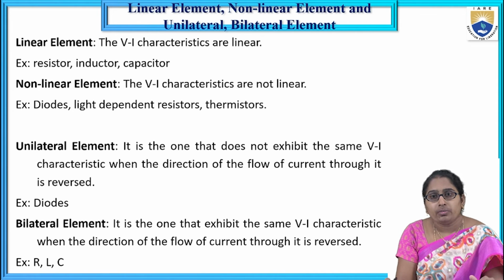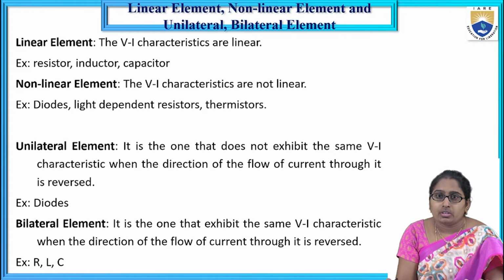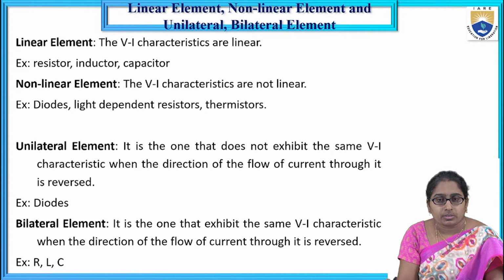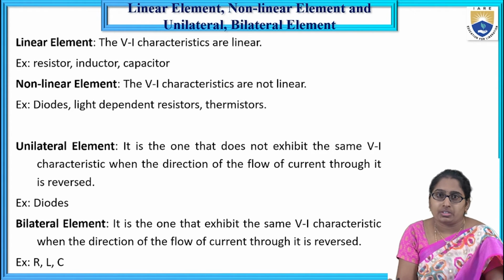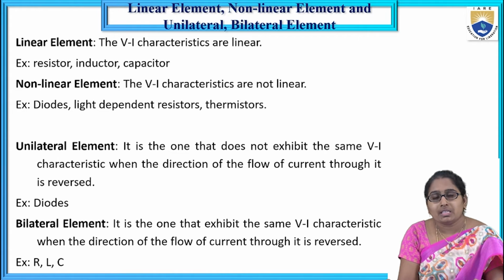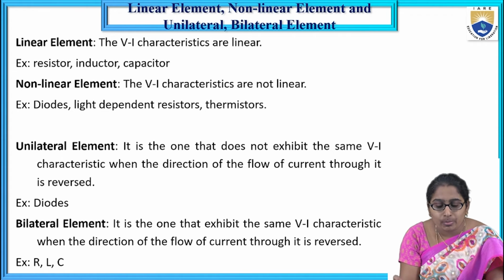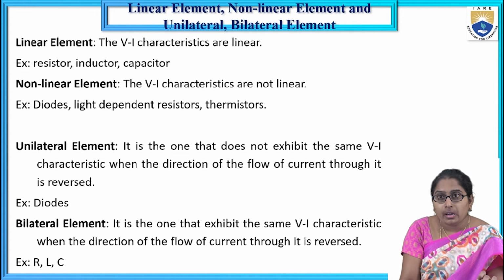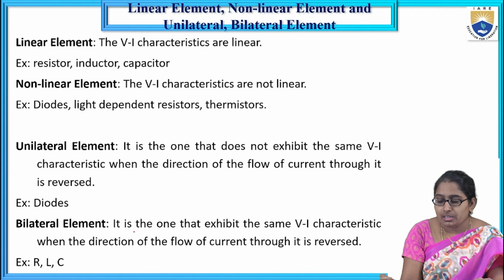That means even if we change its terminals in a circuit, wherever it is connected, its VI characteristics are not going to change. It has the same characteristics. Examples of bilateral elements are RLC: resistor, inductor, capacitor.